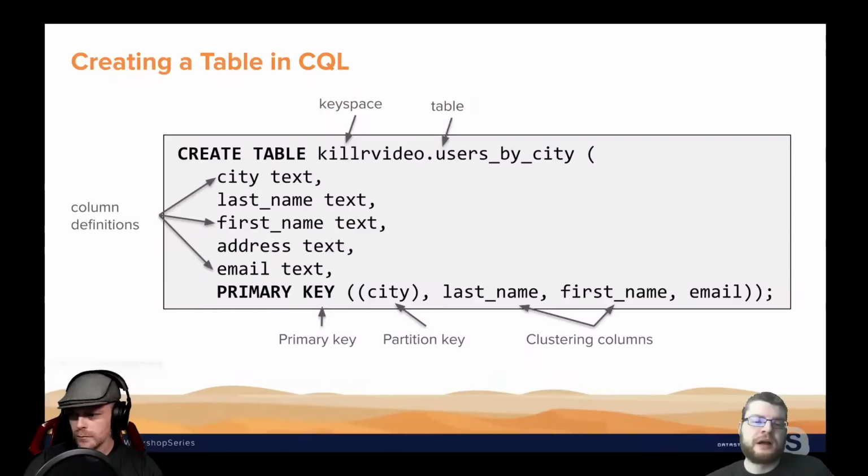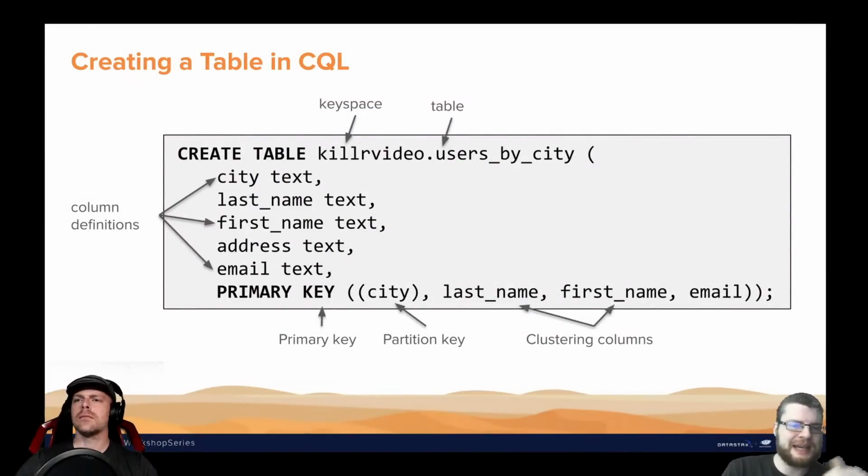So it's basically going to define the killervideo keyspace right there as our context, so we won't need to reference it explicitly like this. I still prefer to do the keyspace dot table name, even when we're using a specific context. It's just good practice. Be as explicit as possible with what you're trying to retrieve, and then you'll get it back for sure.